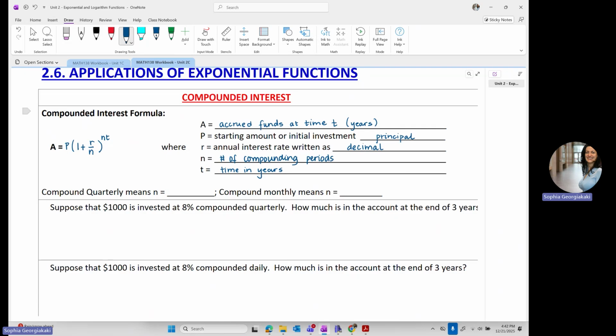Now, what is compounding interest? Compounding interest means that your interest is received at the end of some period, not necessarily once a year, but it could be more often. And then it gets added to your principal so that in the next compounding period, you get interest on the added principal.